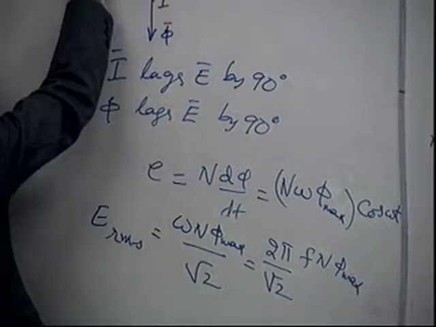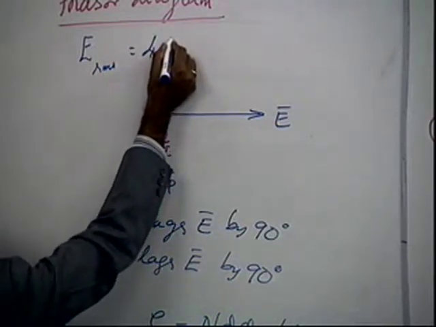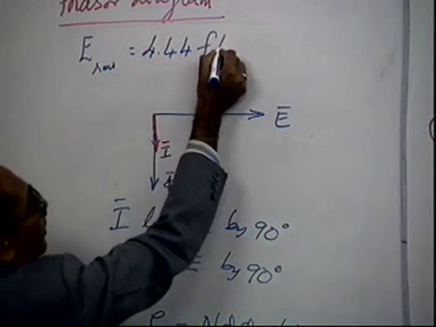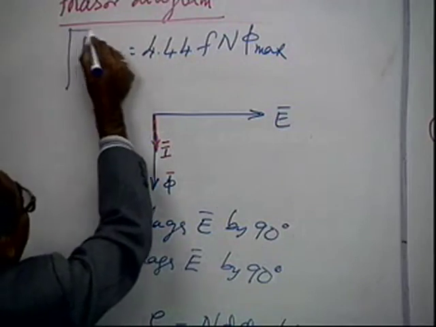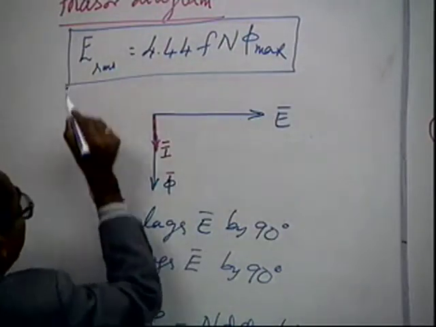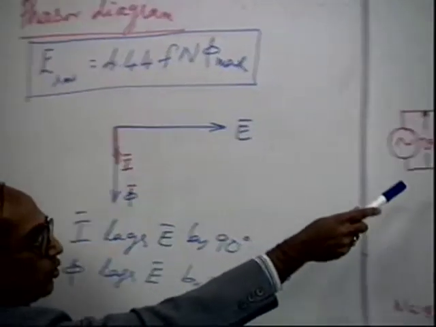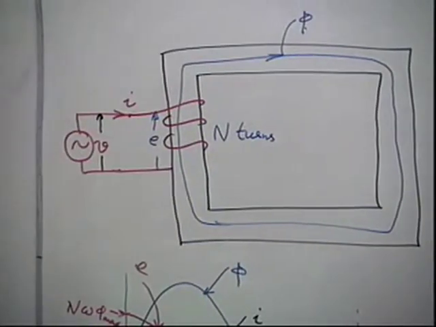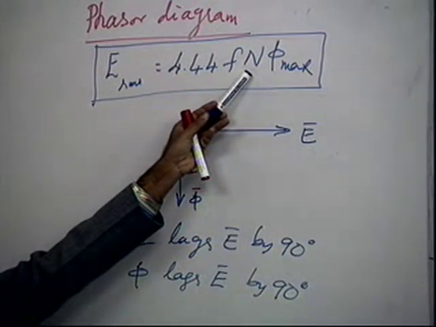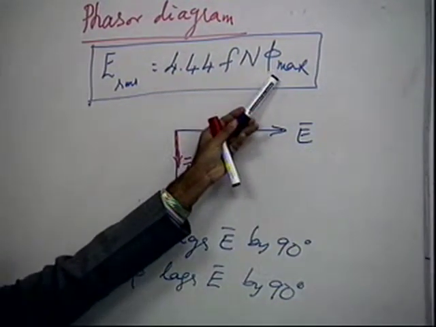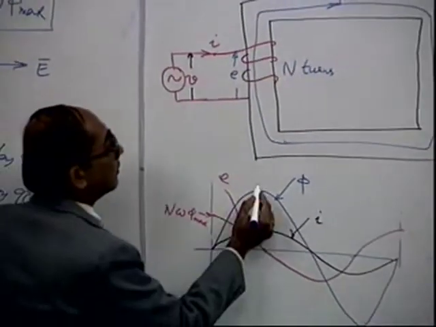Okay. So we have a standard expression: E RMS is given by 4.44 f n into phi max. This is a very common expression which we also use in transformers. So whenever you have a voltage induced, it is related to the flux by this expression, where f is the frequency of the oscillations, n is the number of turns of the windings and phi max is the maximum flux.